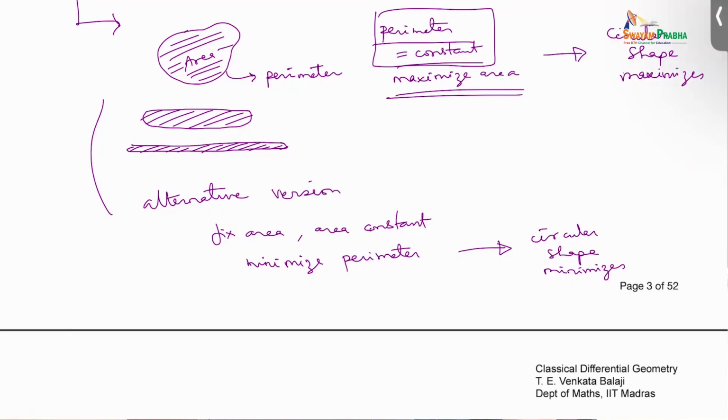Okay, and you can easily see why the perimeter can be made larger for a given area, because if I do this kind of thing and flatten it out for a given area, I can keep on increasing the length of the curve, and therefore in principle it can go to infinity.